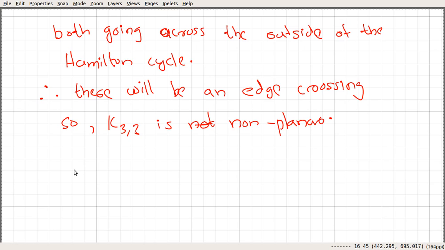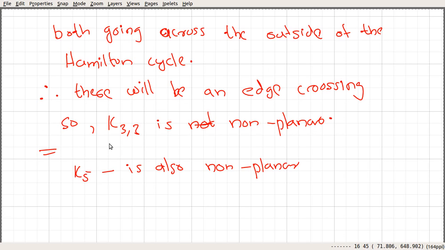Another example is K5, which is also non-planar. We will formally prove that K33 and K5 are not planar.